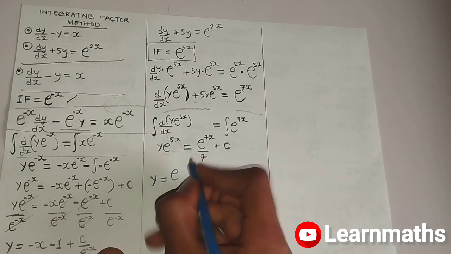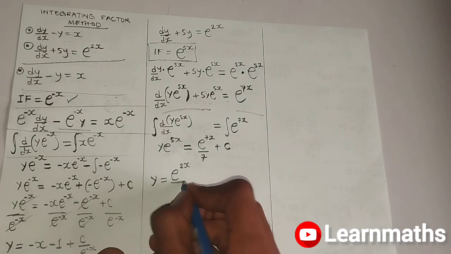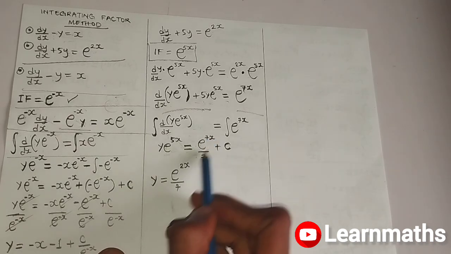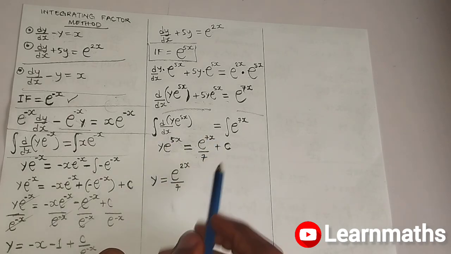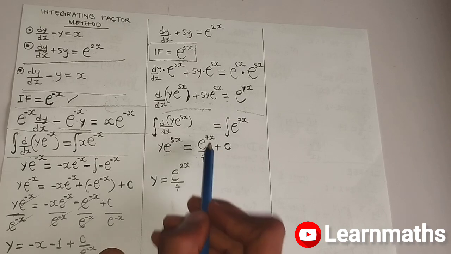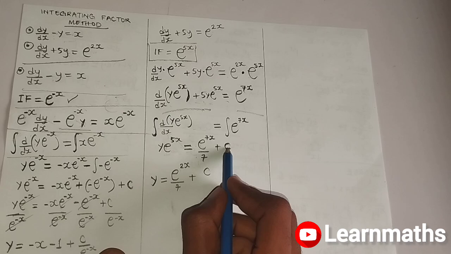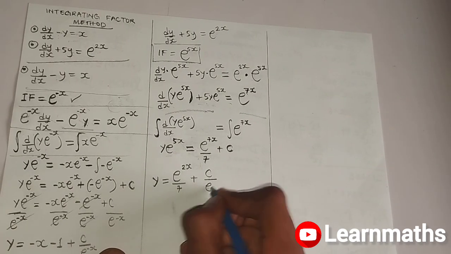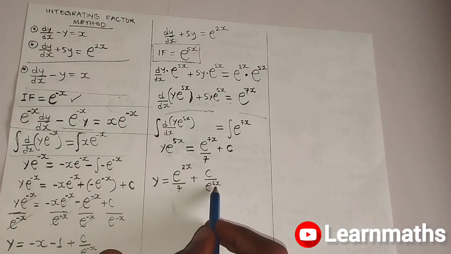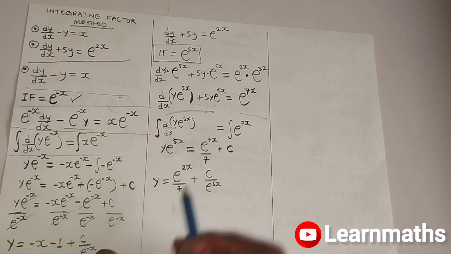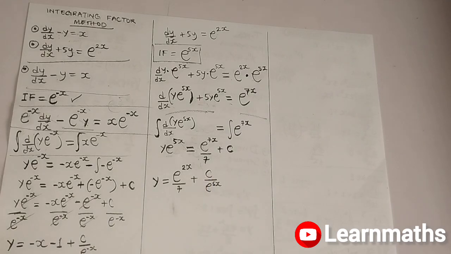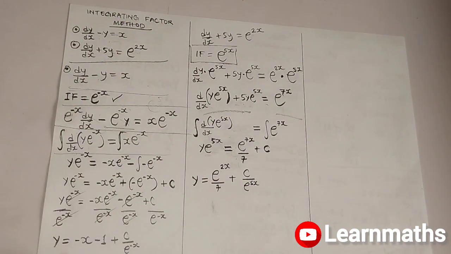You're going to be left with e 2x still over 7. If you divide this term with exponent of 5x, we're going to have 5x removed from 7x, leaving us with 2x, right? Then we also divide this term with the exponent of 5x. It's just going to be there because there is nothing to cancel out, right? So this is the answer for the second differential equation.